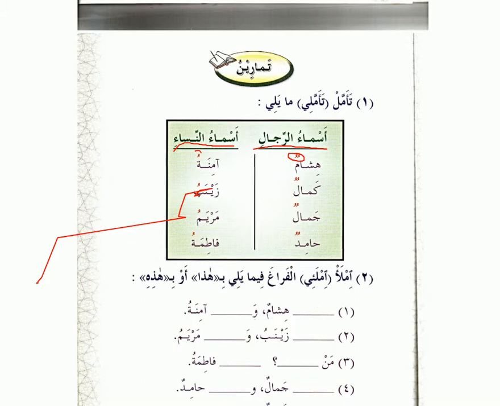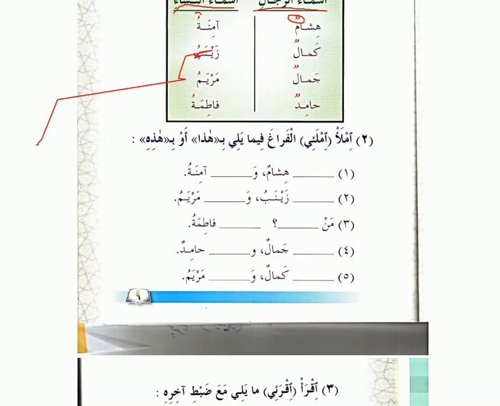Okay, so you guys learned the differences, how to tell between a male name and a female name. Females have 1 and male has 2. This is very important because that way you'll be able to figure out which one is which. Right? Okay. So let's go on to the second one.